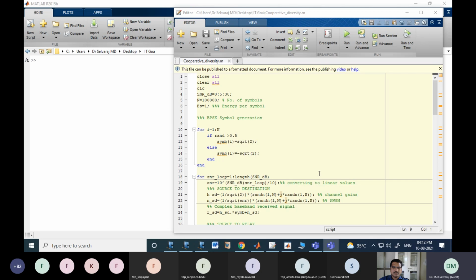What I assumed in this code is that the source has only one transmitting antenna, and the relay has only one receive antenna, which operates in a half-duplex manner. But the source can have an array of antennas, the relays can have an array of antennas, and the destination can have an array of antennas, which will give very good performance.